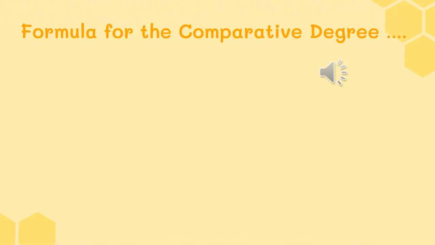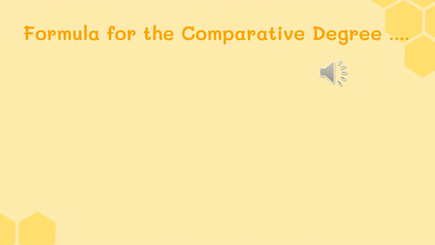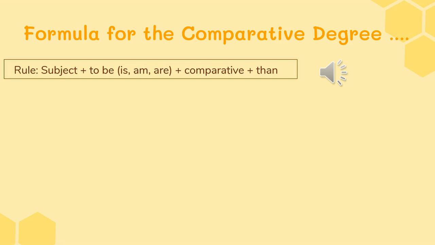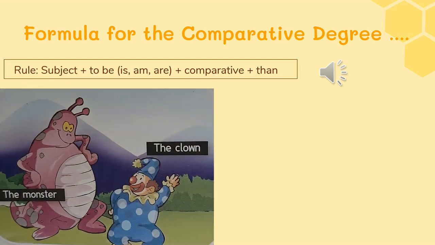In English grammar, there are also formulas like in math. For example, the formula for the comparative degree. Subject plus to be is, am, are plus comparative plus than. For example, the monster plays as the subject, is plays as the to be, bigger plays as the comparative, than the clown.